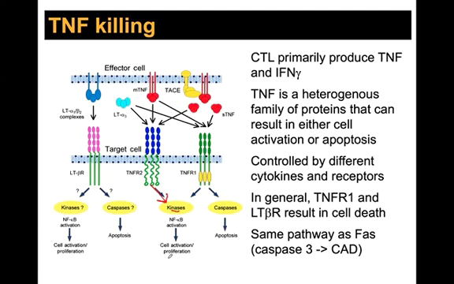And I would focus here on the killing pathway because we're not going to talk about all the different cell activation pathways downstream of TNF receptors. Okay, so the main thing I want you to focus on, TNF is made, signals through a TNF receptor, gives you activation of caspase 8, leading to caspase 3. Right? Simplify this entire thing to just that one pathway.